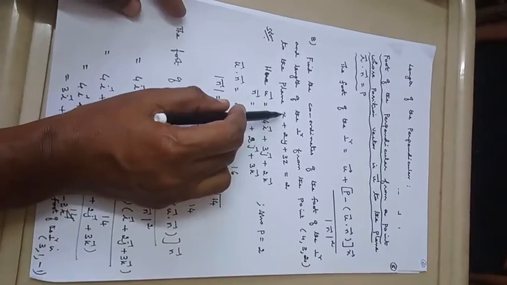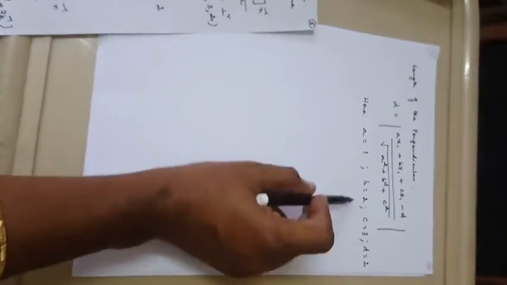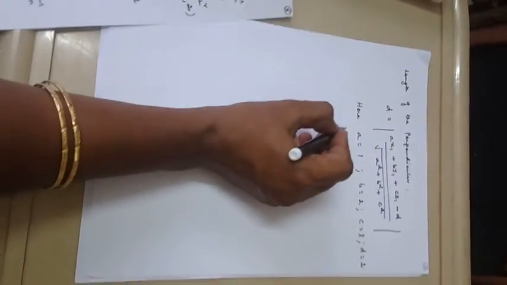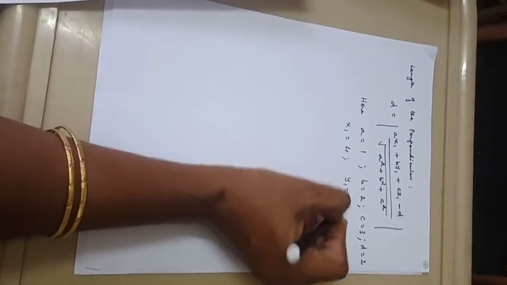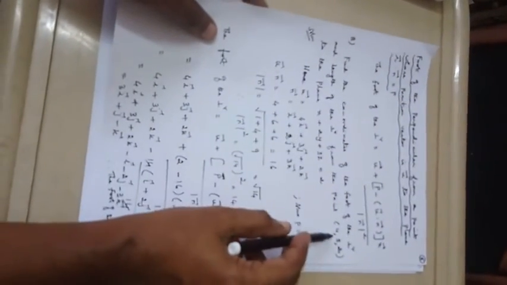So a, b, c, d are identified from the equation of the plane: 1, 2, 3 and 2. And x1, y1, z1 is the point, so x1 is equal to 4, y1 is equal to 3 and z1 is equal to 2. Okay, now you can substitute it.